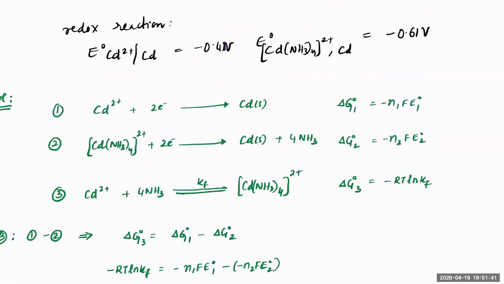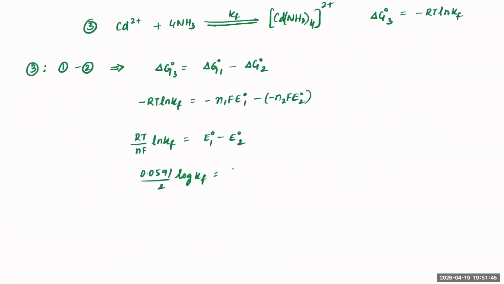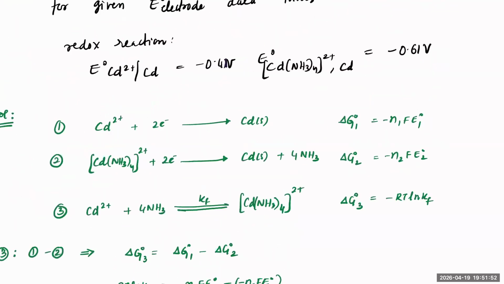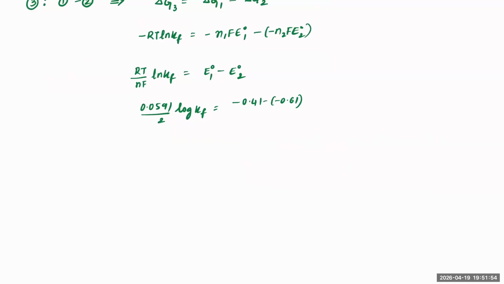E naught 1 value is given, minus 0.41. So this is minus 0.41 minus of minus 0.61. This is the value of the second one. That's it. So therefore, this is approximately 0.03 into log of Kf is equal to 0.2.